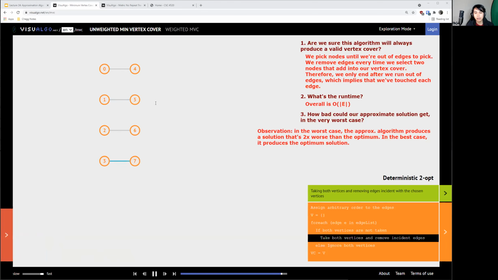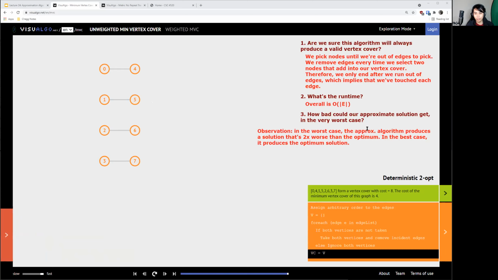All right. Think about it this way. I'm going to sketch out the argument for why we're guaranteed that 2 times is as bad as we get. The answer that we came up with by looking at some examples is actually the right and final answer: this algorithm will produce an answer that is no worse than 2 times worse than the optimal solution.